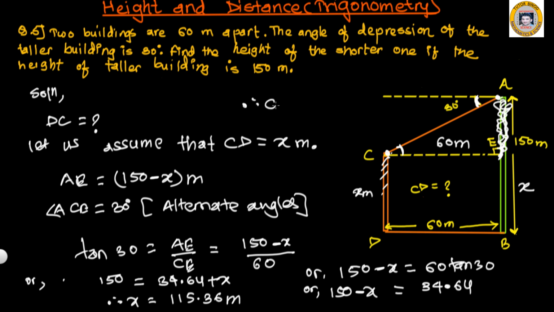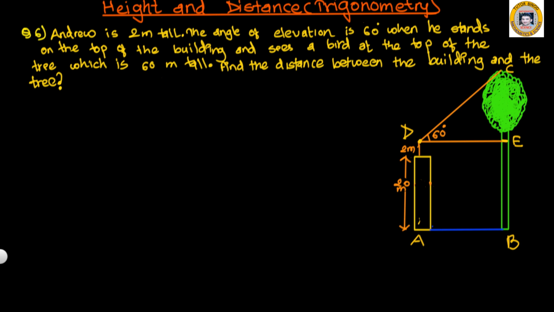Therefore CD, which is X, is found as 115.36 meter. Now let us deal with the final problem regarding height and distance.